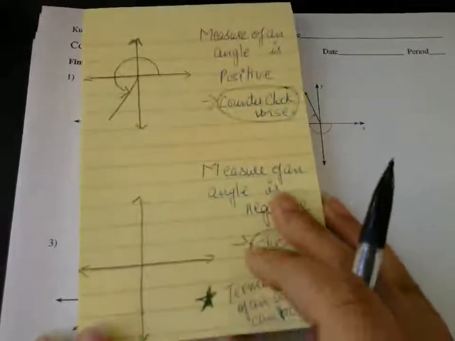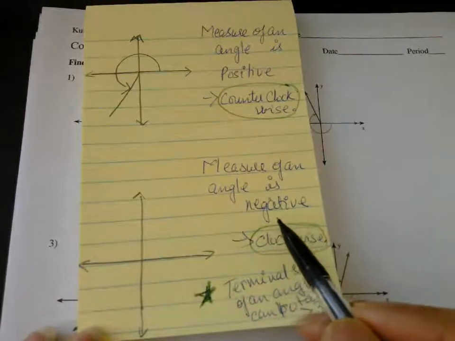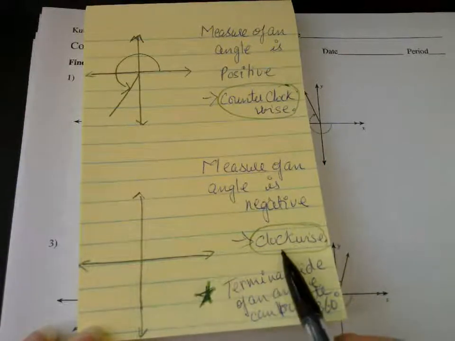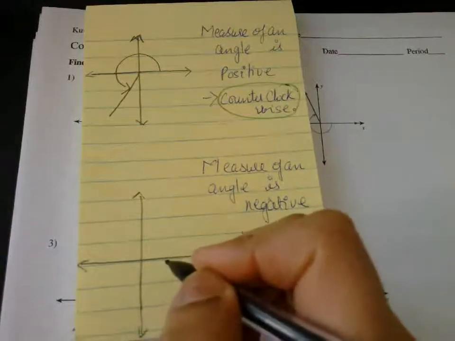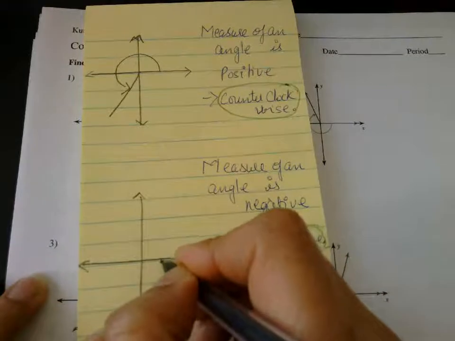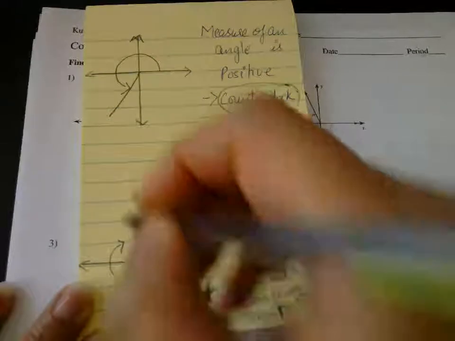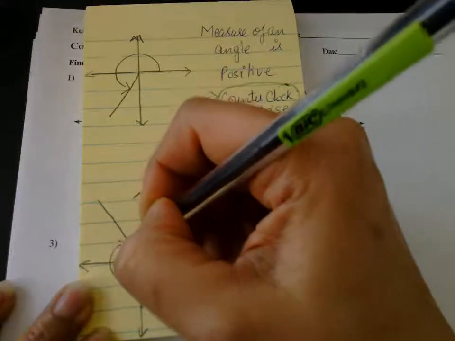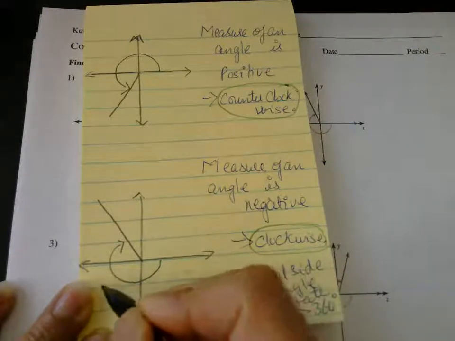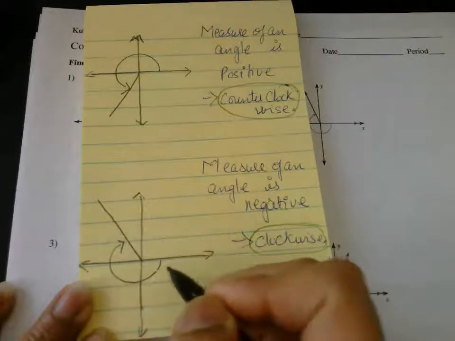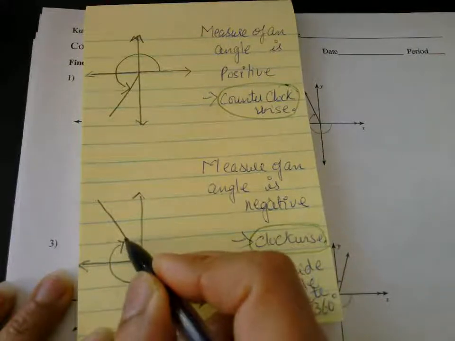But the measure of an angle will be negative if the angle is being rotated clockwise. So if we rotate from here and let's end here, this is our terminal side, right? Because we are rotating in the clockwise direction, that means first through quadrant 4, 3 and ultimately to quadrant 2.